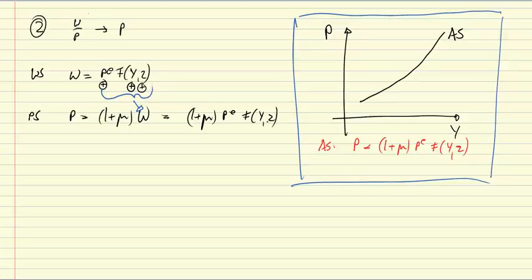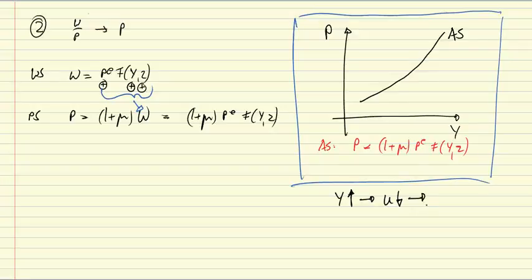That is, an increase in Y leads to an increase in employment, therefore a decrease in unemployment, and therefore a decrease in the unemployment rate.